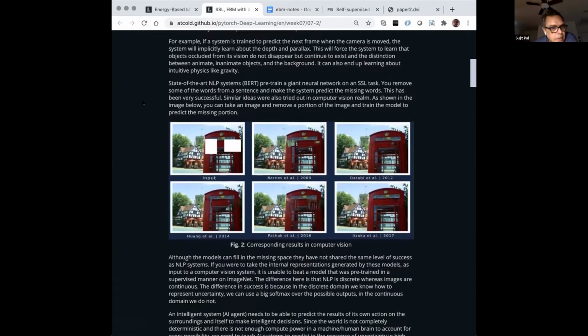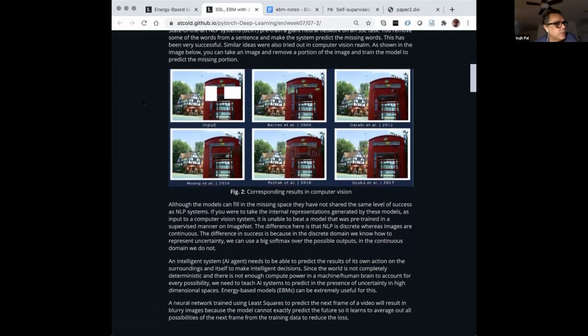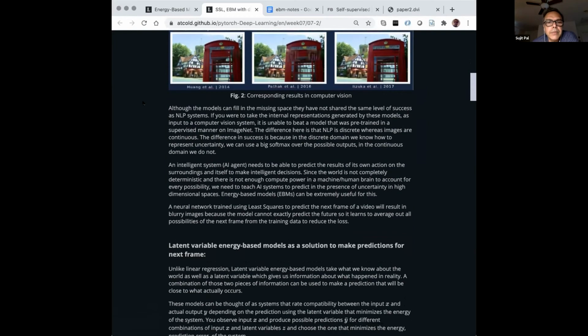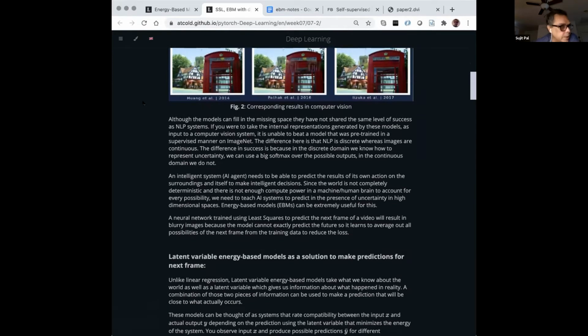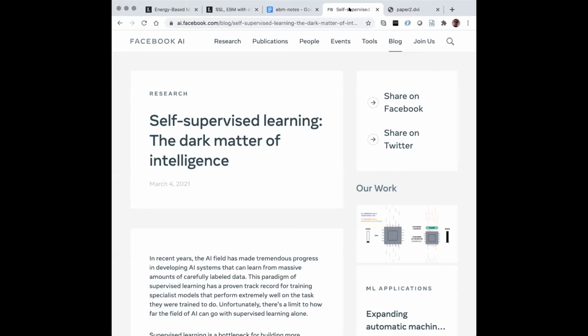One big reason for that is that for the masked pieces in computer vision, the space is continuous and infinite, and therefore it is not feasible to do it with this. But I have a question about that.